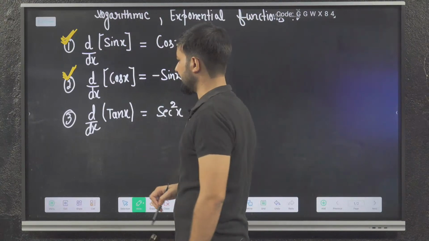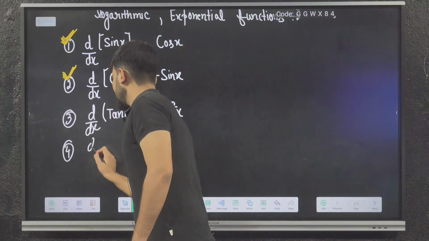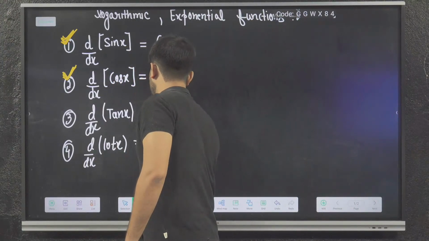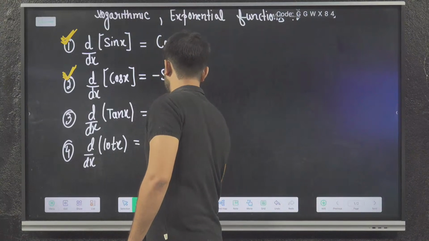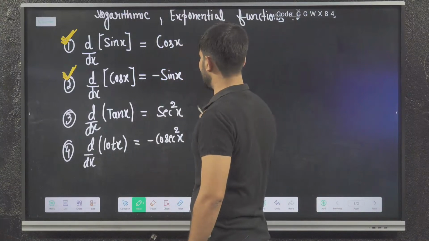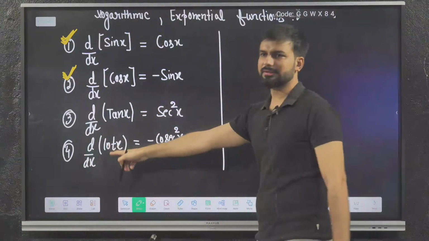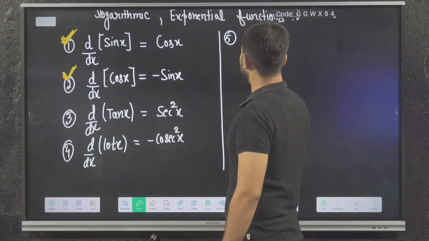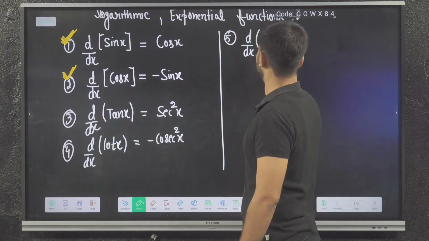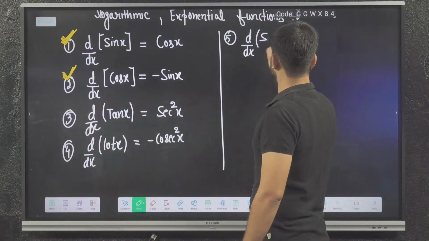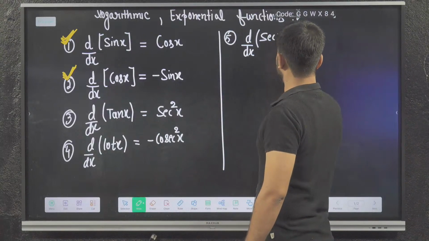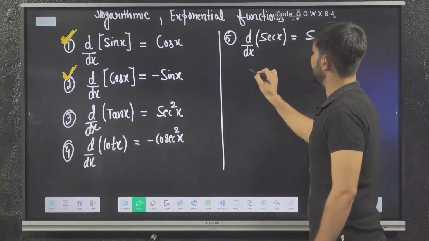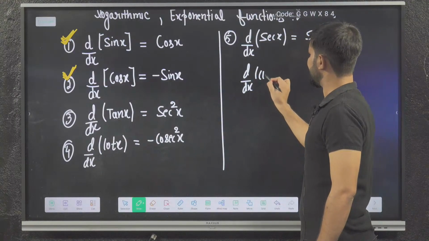The differentiation of tan x is secant square x, right? In a similar manner, another trigonometric function we are having is cot x. So cot x will be minus cosecant square x. Then next, these are not that important, need not remember. The fifth one, d by dx of secant x, will be secant x tan x, and then d by dx of cosecant x.